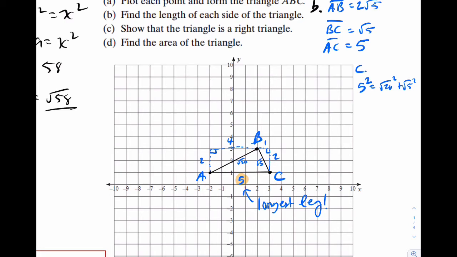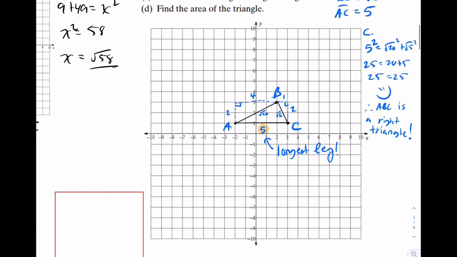And we're going to see if this works. 25 is equal to 20 plus 5. 25 is in fact 25. So it checked out. So since the Pythagorean theorem works, therefore ABC is a right triangle. Because the Pythagorean theorem can only work on right triangles.